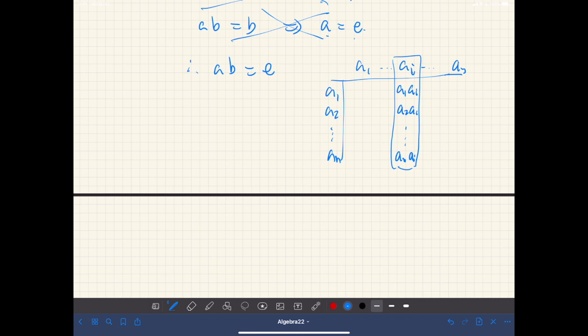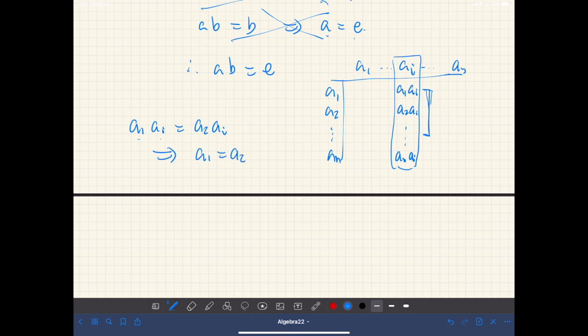If some pair is not distinct, let's say A1 Ai is equal to A2 Ai, then this implies A1 equals A2, which is a contradiction.